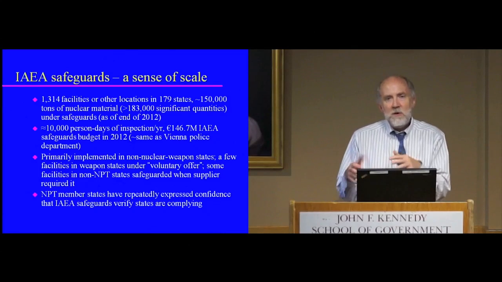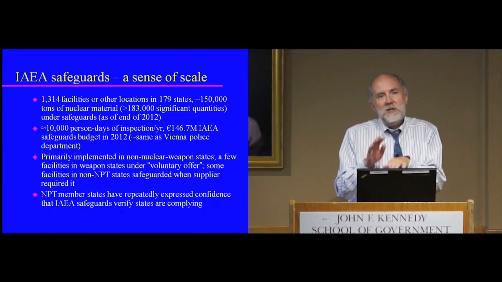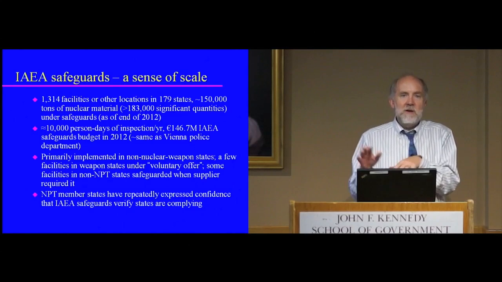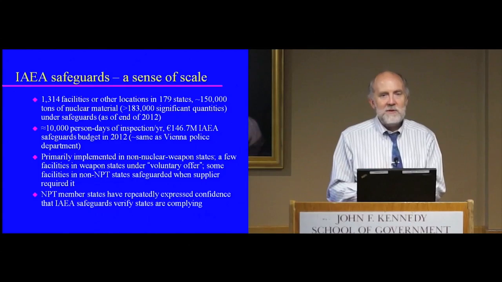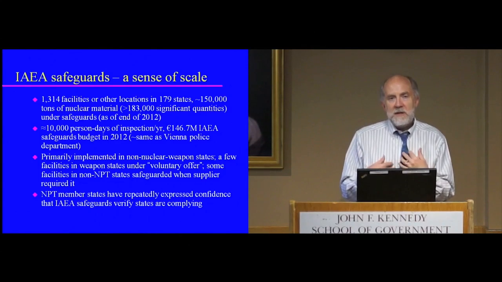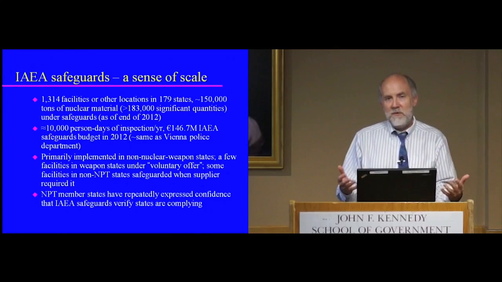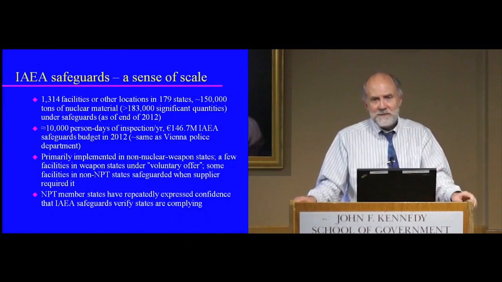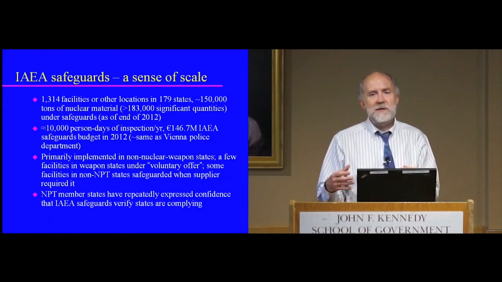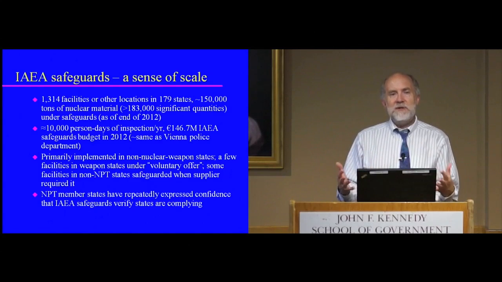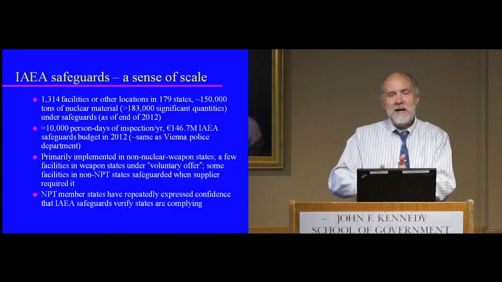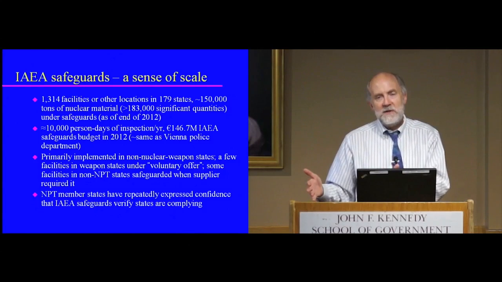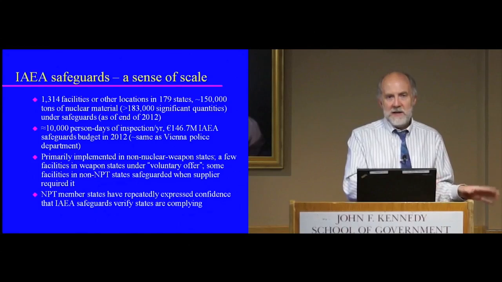And that was in order to reduce the discrimination in the system between the nuclear weapon states and the non-nuclear weapon states. In the United States and the United Kingdom, we have the most far-reaching voluntary offer agreements, that say, in essence, any facility in our country that's not of direct military significance, the IAEA can inspect.